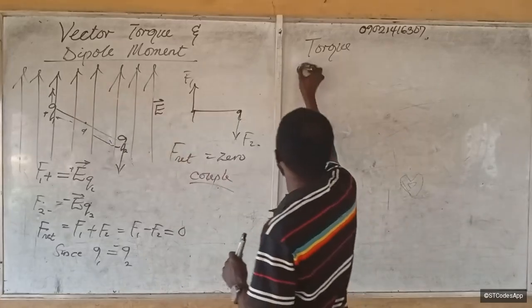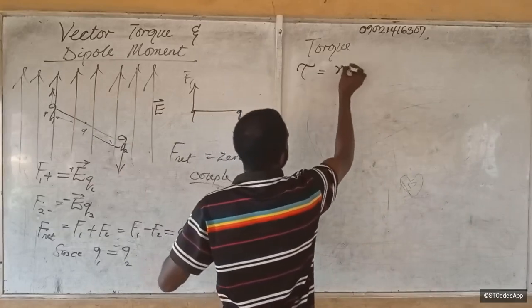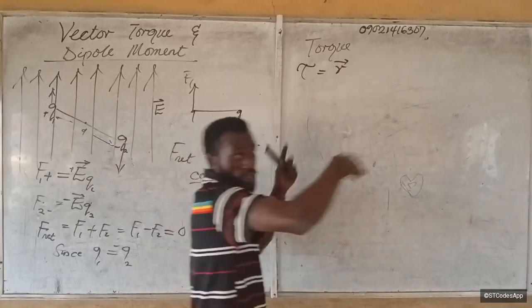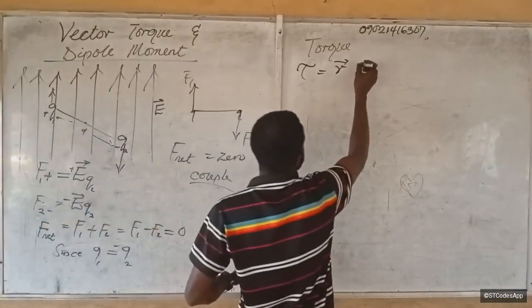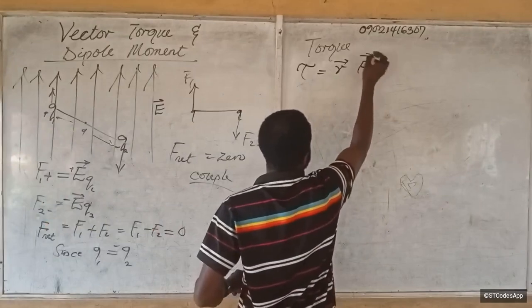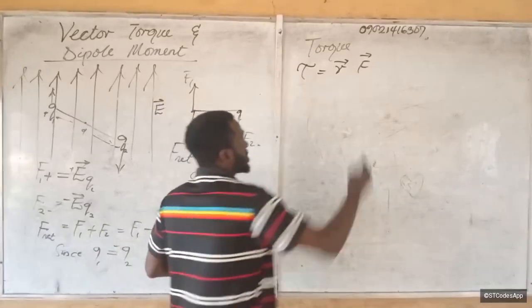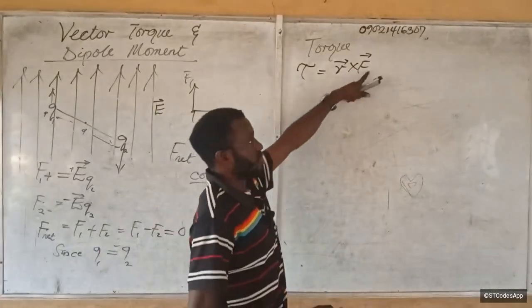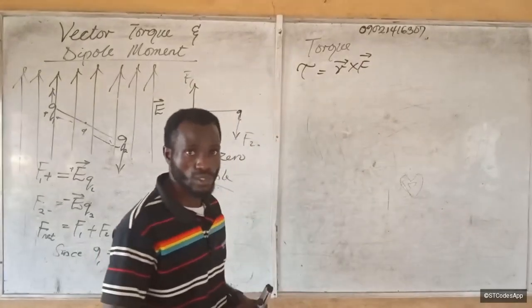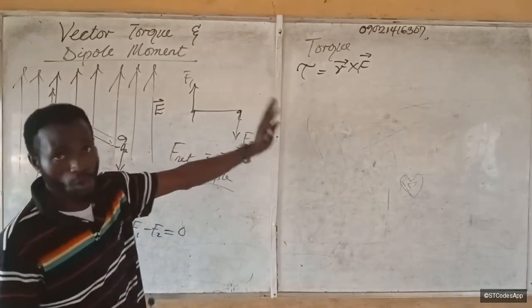But my torque in this case, represented by tau, is going to be equal to my vector R, because it's directional, multiplied by my F. Now, what kind of product will this be? Because our torque is a vector, it's going to be the cross product of R and what? And our force. Okay?